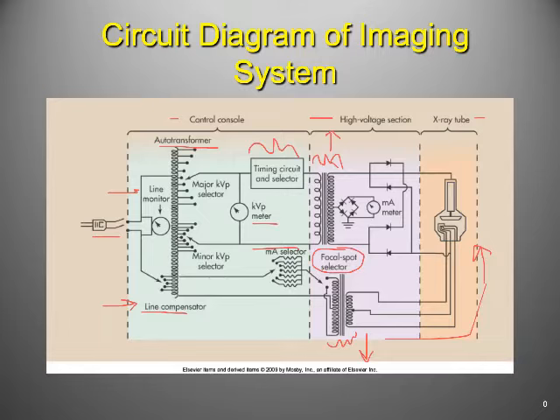If I go upstairs to the kVp side of things and the step-up transformer, it does some weird stuff, but this section right here is a rectifier. And like I said, it allows the energy to only travel in one direction. This is fully talked about on page, I think, 134 and 135 in our textbook, the process of rectification.